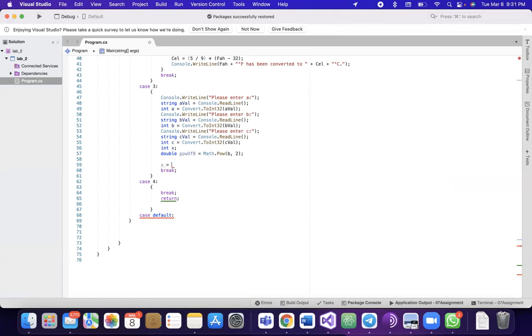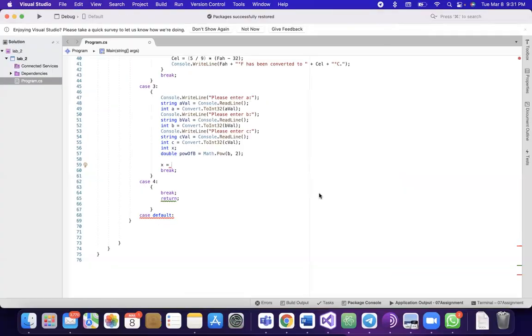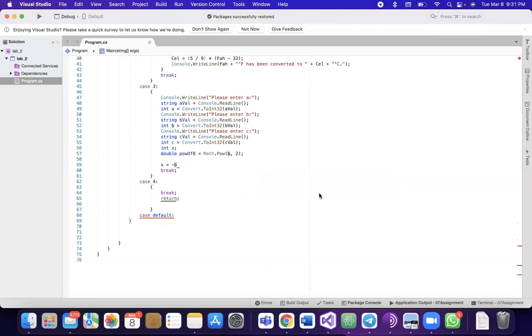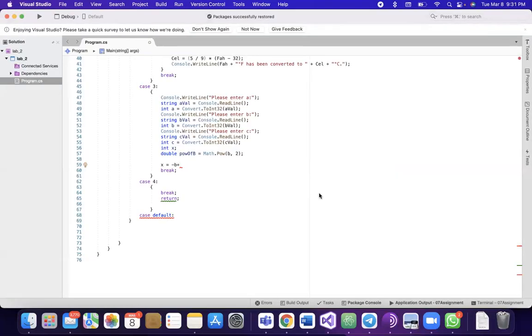Okay. Here, let's just write it fresh together. So x equals negative b. Well, what I was thinking is that you have to create two formulas. So we'll just write the first formula. Then we'd probably have two different variables, an x variable and a y variable, but we'll do that after. We'll just see if this works right now.